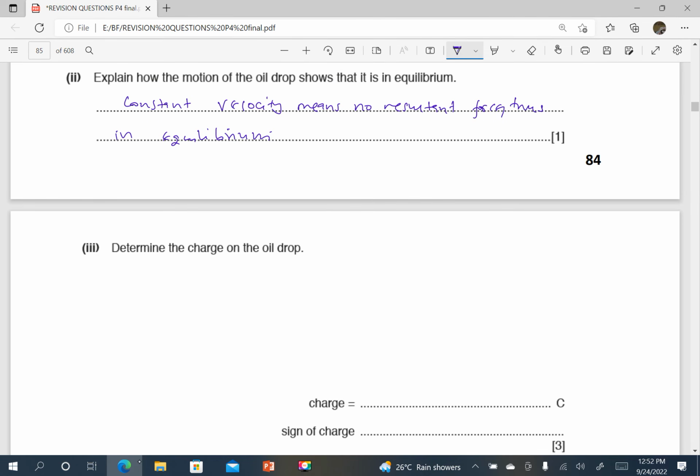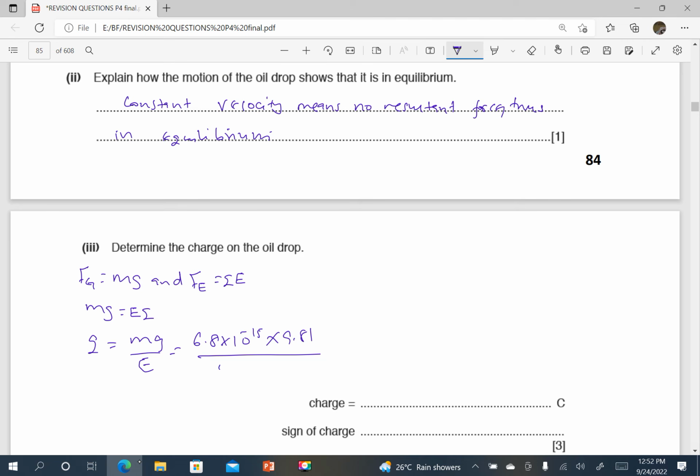The weight is acting downwards, Fg is m times g, and there must be a force acting in the opposite direction, which is the force due to the electric field, that is Q times E. So we have that mg should be equal to E times Q, where the charge should therefore be mg divided by E. And when we substitute, the mass was 6.8 times 10 power negative 15 times g 9.81 divided by E was 2.1 times 10 power 5.